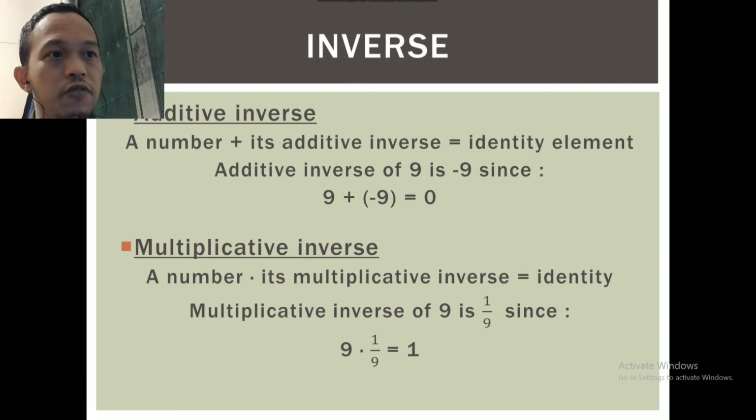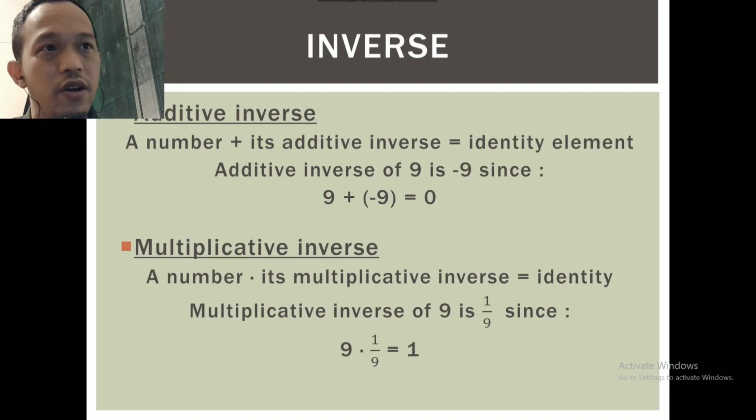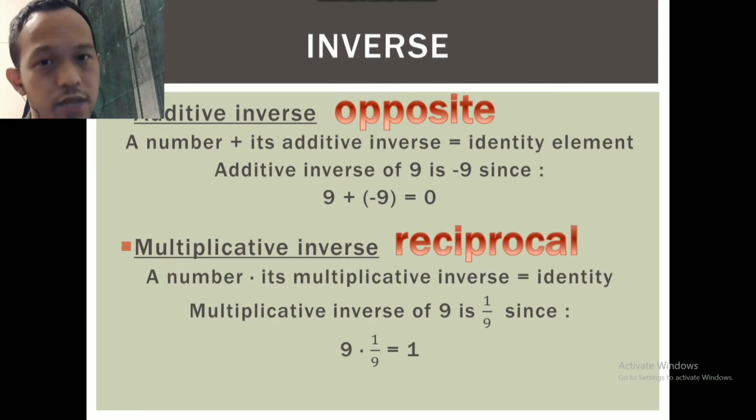It is 1 over pi, since pi times 1 over pi equals 1. That's how you name it. You may get a hint about the other names: the other name of additive inverse is the opposite, and the other name of multiplicative inverse is the reciprocal.